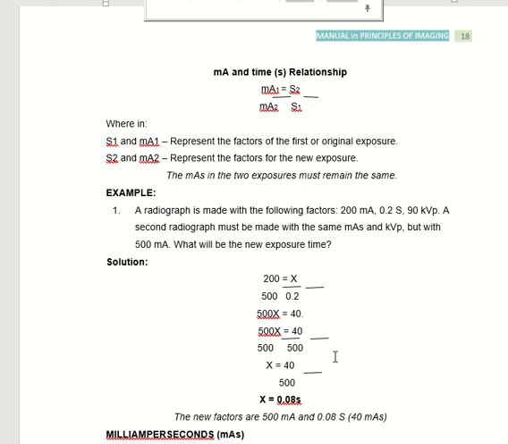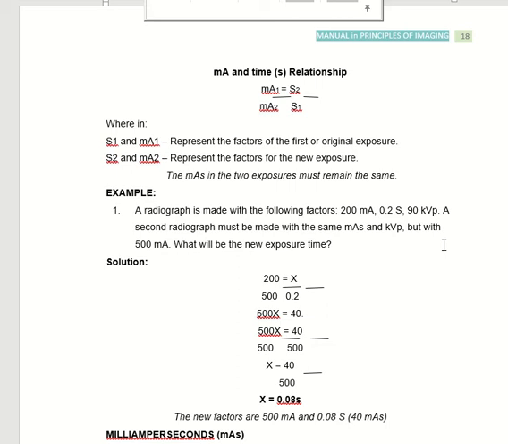So another formula is the mA and time relationship. I said earlier they are inversely related. But there are some problems, especially in the board exam, where you are going to compute for the new mAs or the new mA if there is a change from the old one.